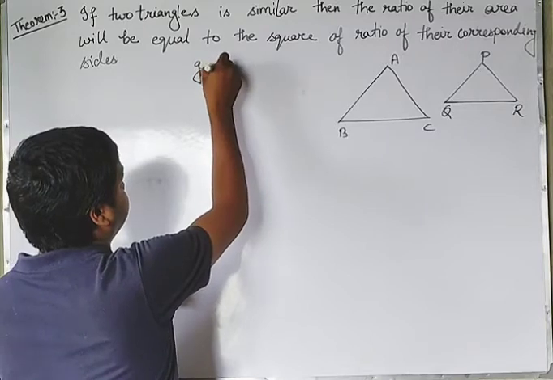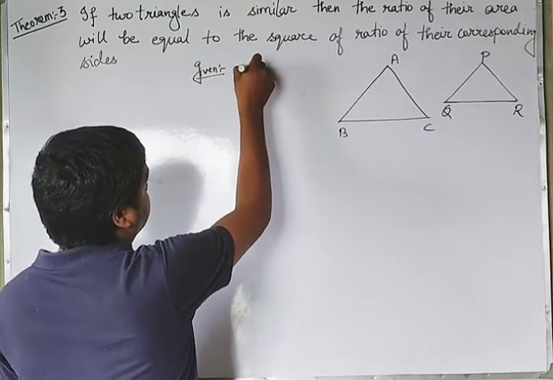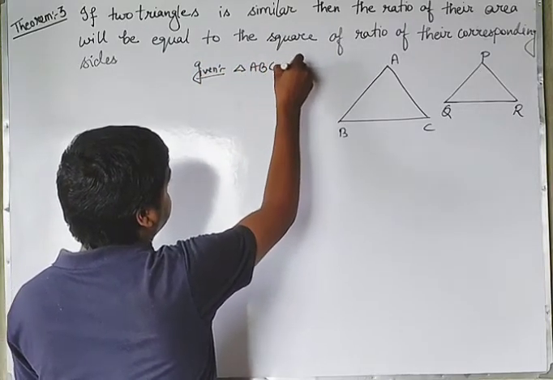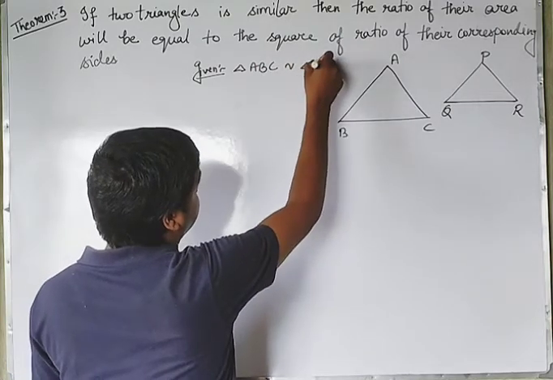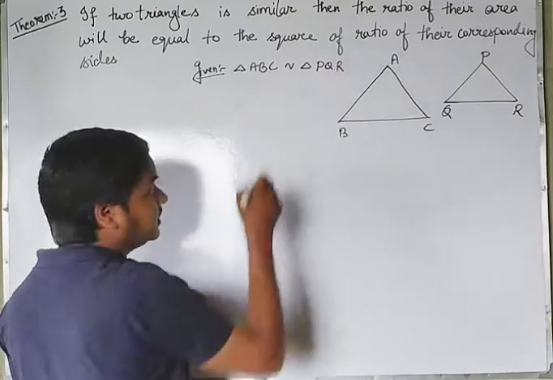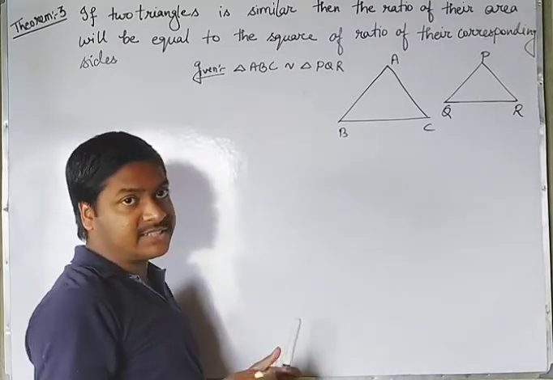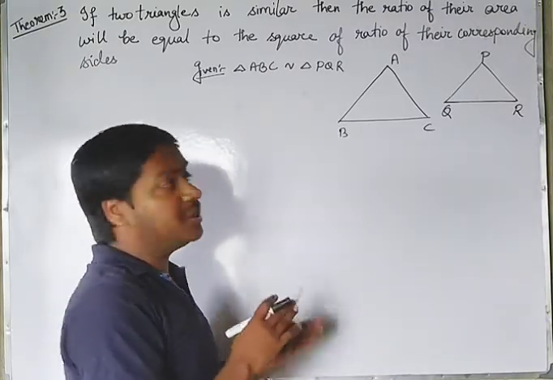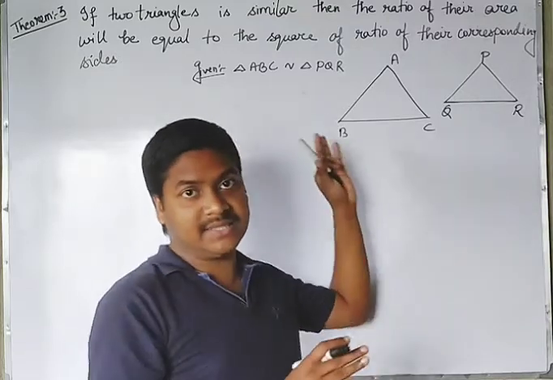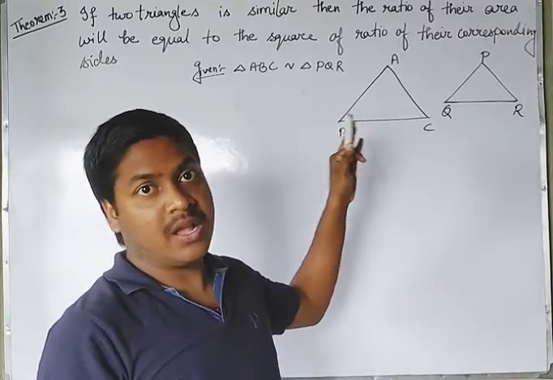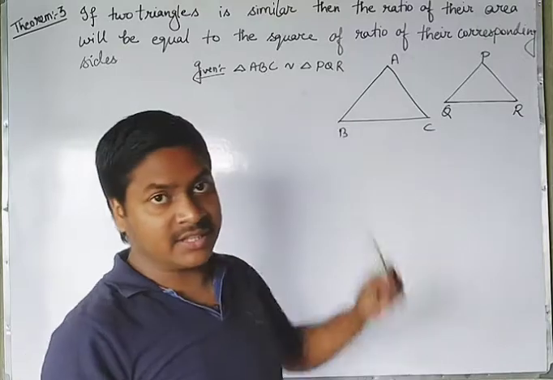We will write here in the given: triangle ABC is similar to triangle PQR. This is the symbol of similarity. If these two triangles are similar, it means the ratios of all three sides are equal and all the angles are equal.